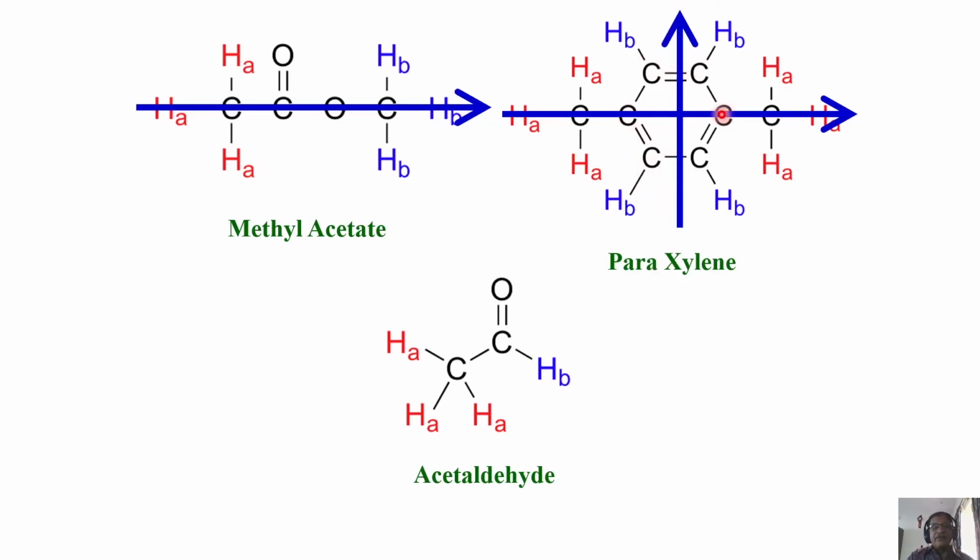This is equivalent to this, so these 2 carbons are equivalent. But these 2 are not equivalent with the remaining ring carbons. These 2 and these 2 are same. This and this are same. So we have 3 different types of carbon in paraxylene. We get 3 peaks in carbon 13 NMR.